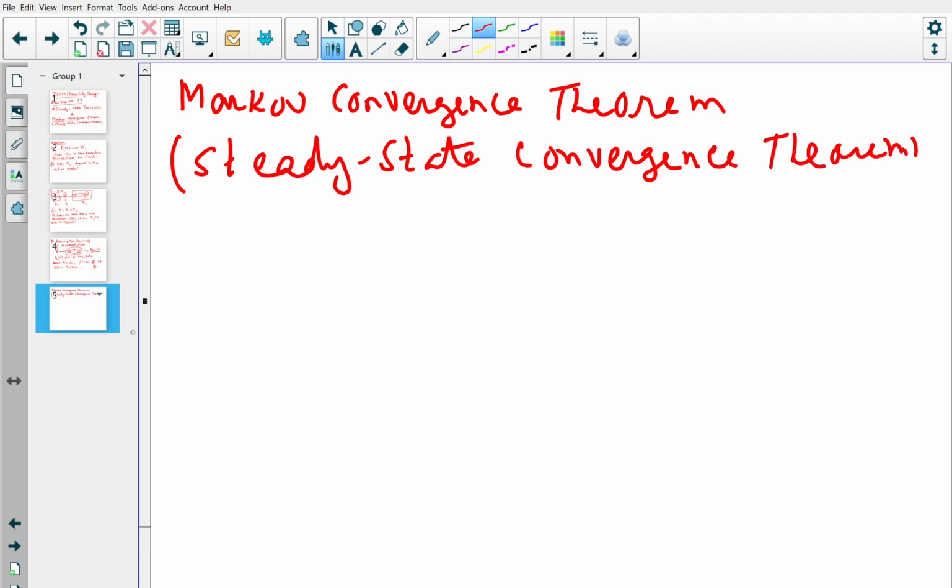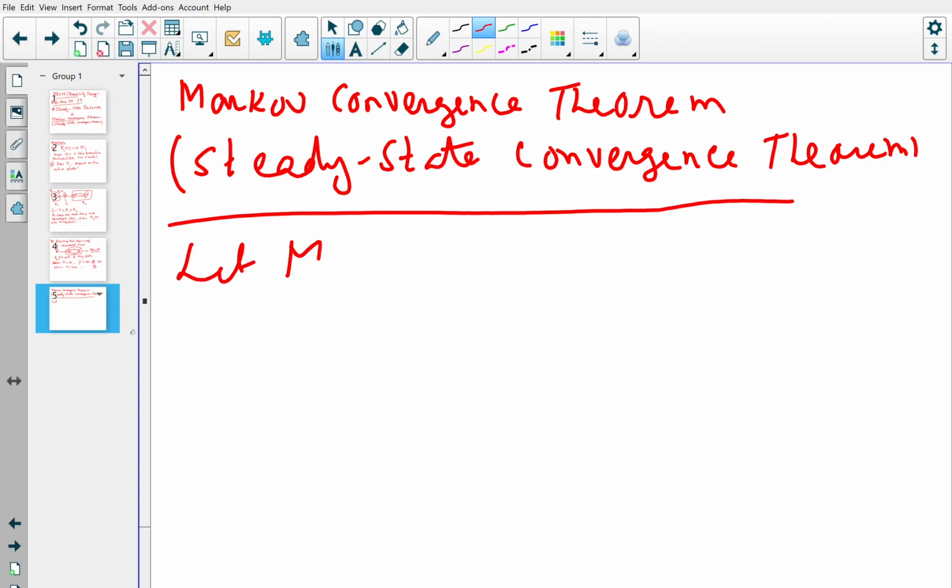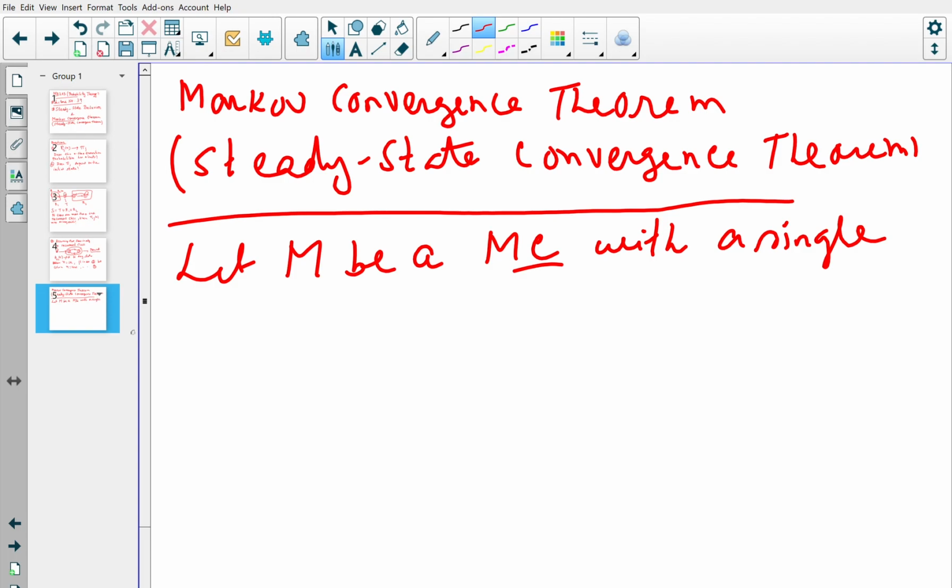It tells that if you remove those two conditions, for example, let M be a Markov chain, MC meaning Markov chain, with a single recurrent class.